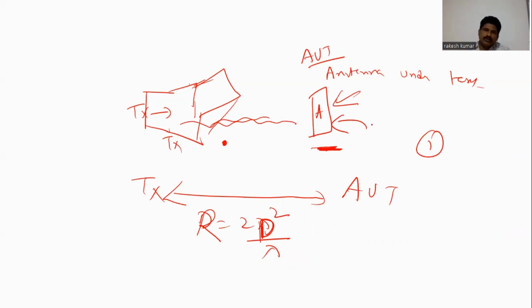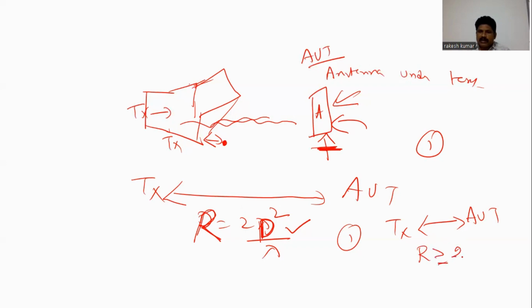The testing antenna should be separated from the transmitting antenna by a distance R greater than or equal to 2D square by lambda, where D is the largest dimension of the antenna under test.